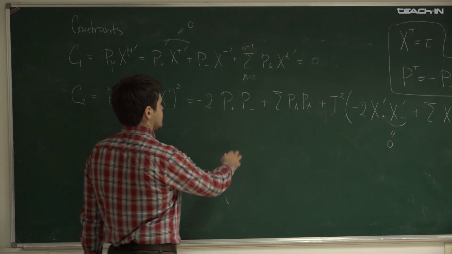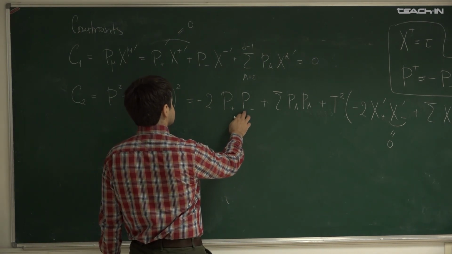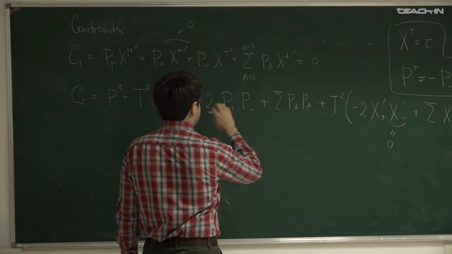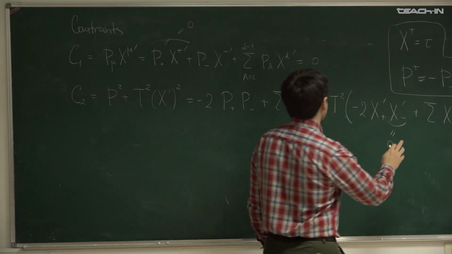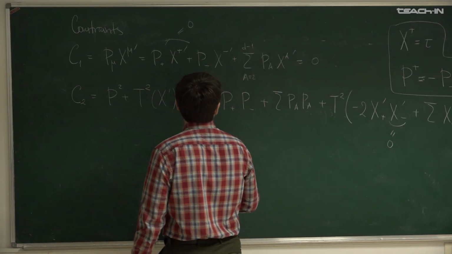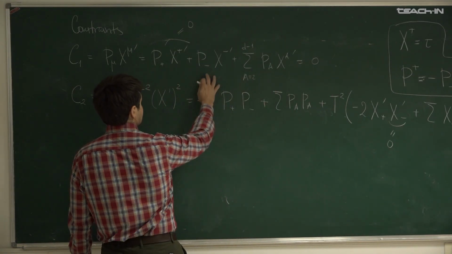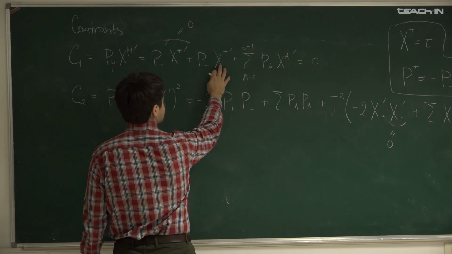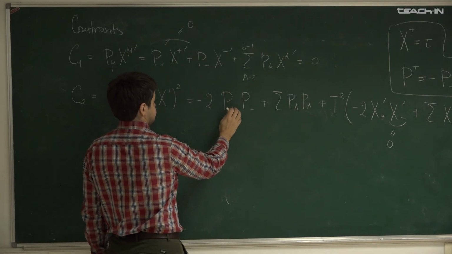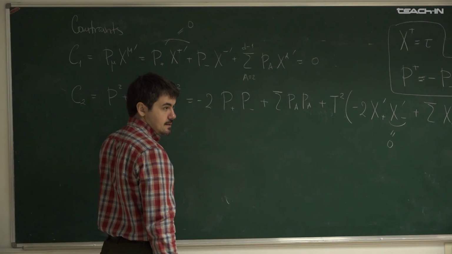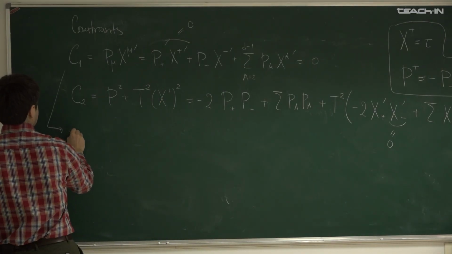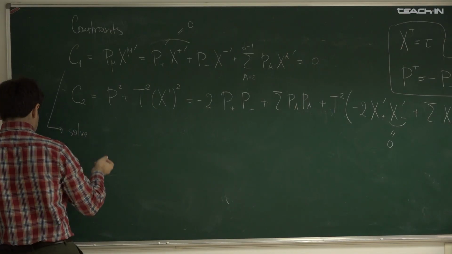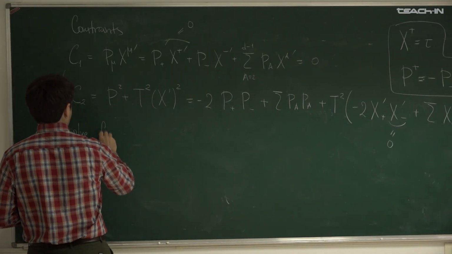Then p minus, we fixed p minus. More exactly, we haven't completely fixed it, but it doesn't depend on sigma anymore. So the idea is that we solve these equations for x minus prime and p plus, respectively. So this is solve for x minus prime.